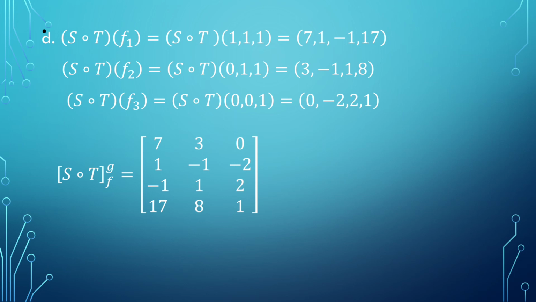So what we need to do is introduce the basis. So instead of using x, y, z as per A, we are now using the basis for F. The basis for F: f1 is 1, 1, 1, f2 is 0, 1, 1, and the last is 0, 0, 1.